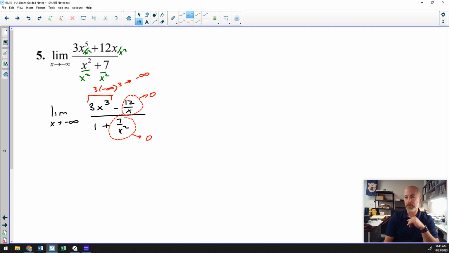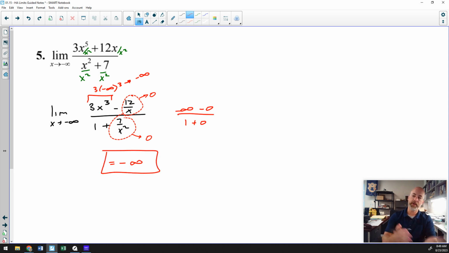So what we have here is negative infinity minus 0 divided by 1 plus 0, which means the answer to this limit is negative infinity divided by 1, or negative infinity. So there's our answer to this one. And if you go back and look at number 2, you'll see that is the same answer we got the first time we worked this limit through a slightly different method.